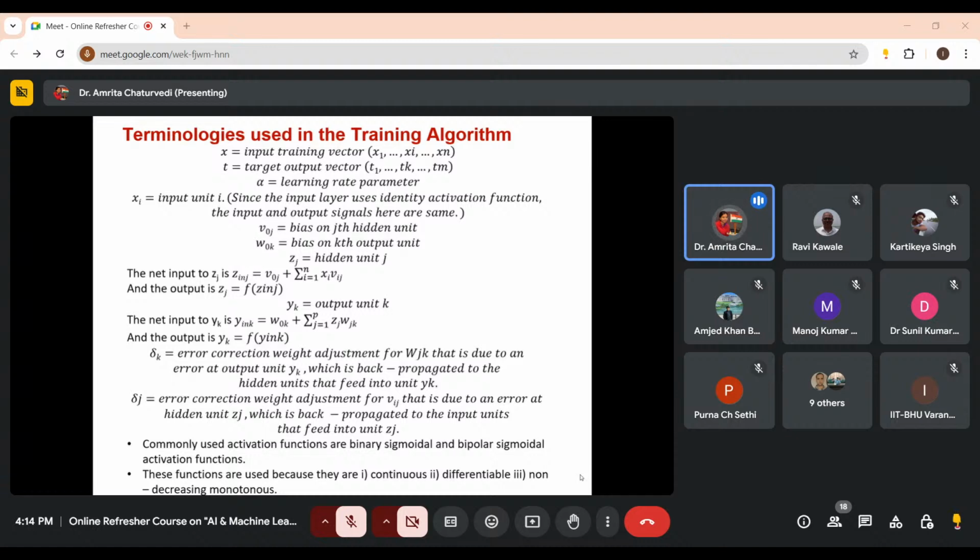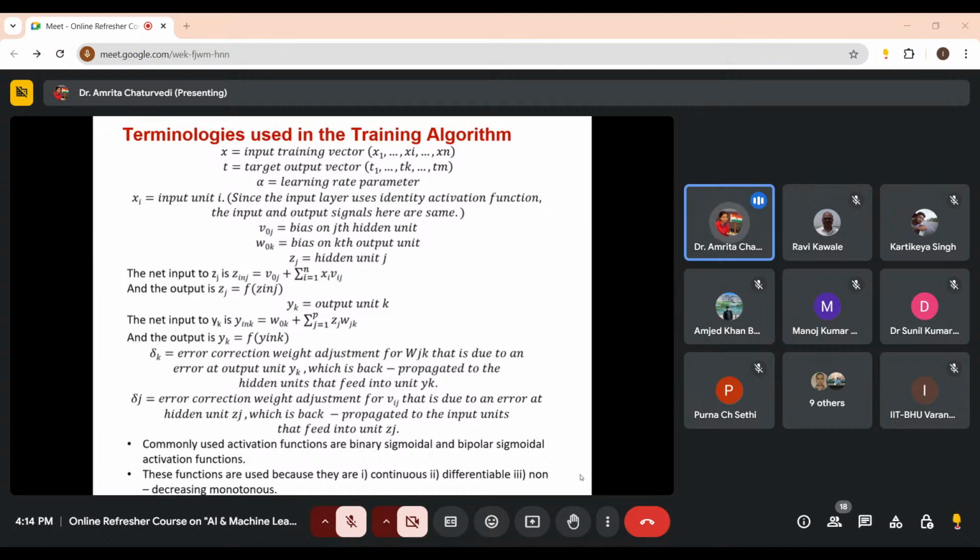This we have studied in the earlier class also, that to get the output we simply apply the activation function over the net input. Then Yk is the output unit K, and the net input to Yk is represented as Yink. This is equal to W naught K, that is the bias, plus summation J equal to 1 to P, Zj Wjk.